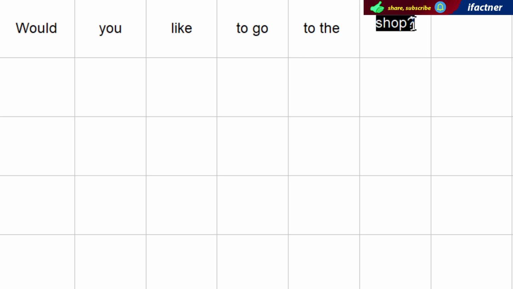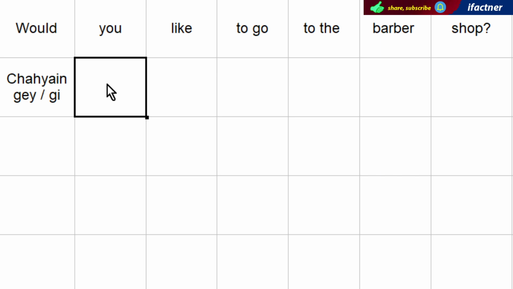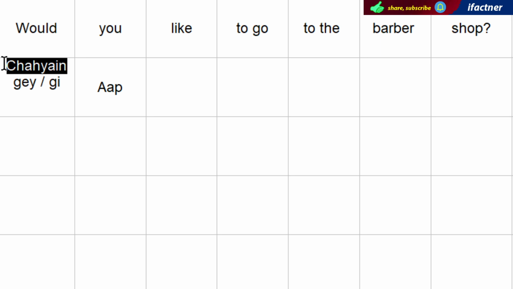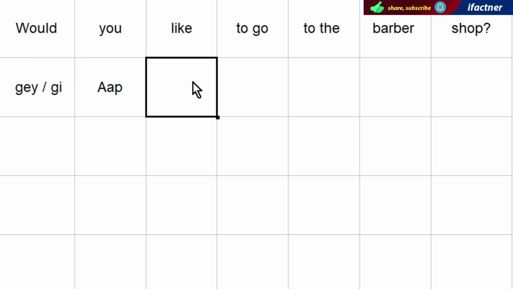Would is चाहेंगे for male and चाहेंगी for female. You. Now we want to show some respect, therefore we will say आप. Like is पसंद, or here we can translate would as गे or गी for future, and like is चाहें.